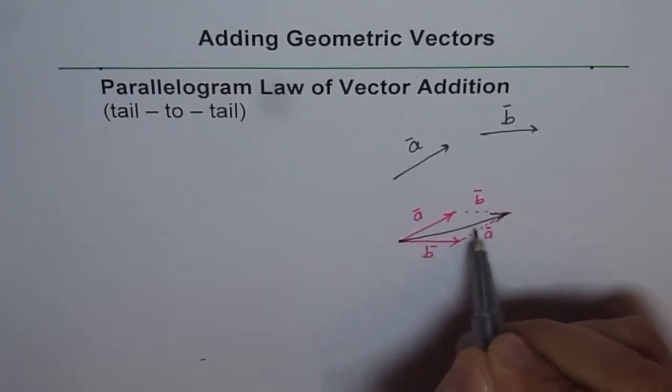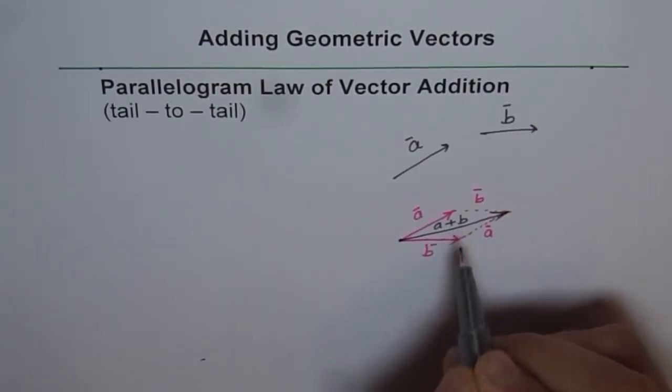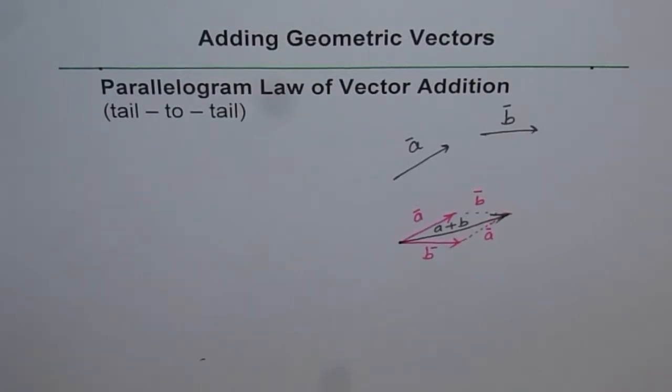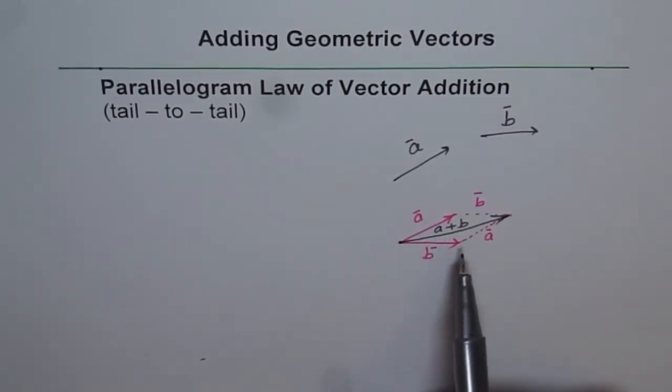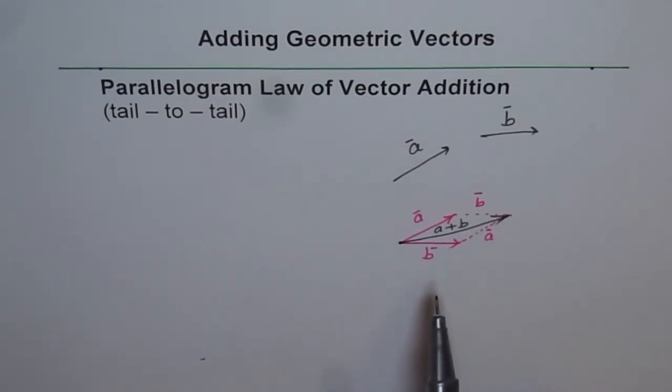So this represents A plus B using the parallelogram law of vector addition. So the important thing to remember here is that we place the vectors tail to tail and then we complete the parallelogram. And in that case, we get A plus B, right?